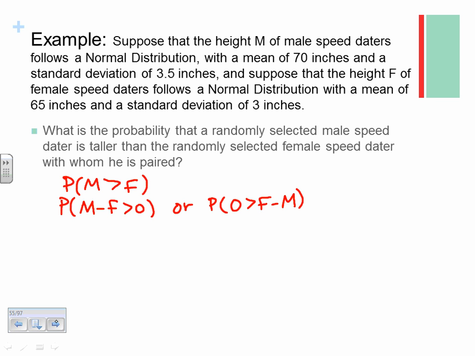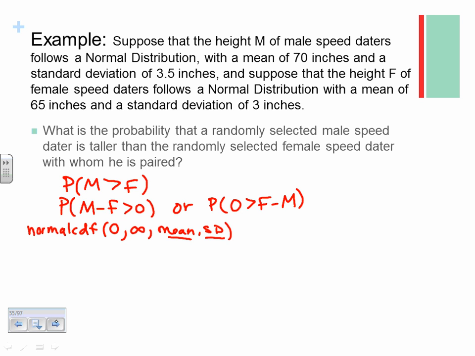So I need to find the mean, the standard deviation, and if I want it greater than 0, so basically we're thinking we want to get it into the normal CDF, 0 and greater, with the mean and the standard deviation.